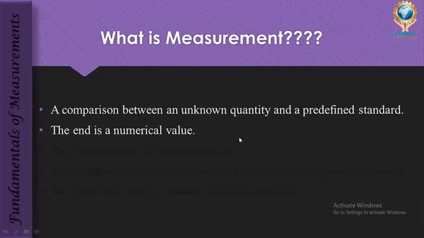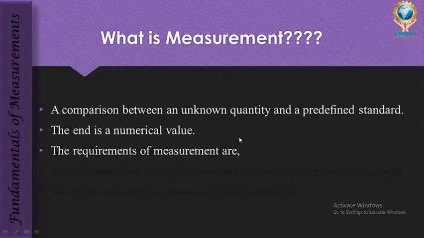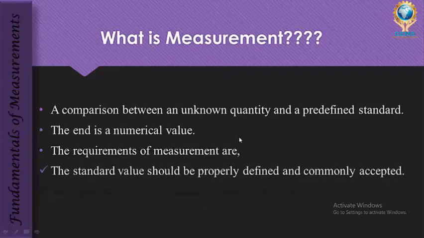And what are the basic requirements for a measurement? For a measurement, the standard value should be properly defined and commonly accepted. So I already told you it should be a predefined standard and it should be acceptable to all. So liter is the unit which is acceptable to all. It is commonly accepted. It is a properly defined standard. So any measurement should have a properly defined standard.